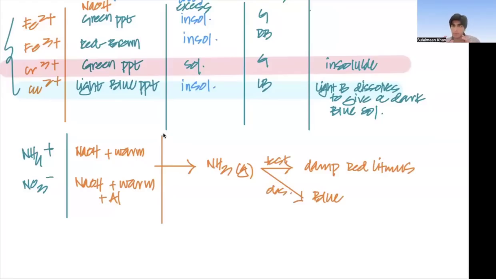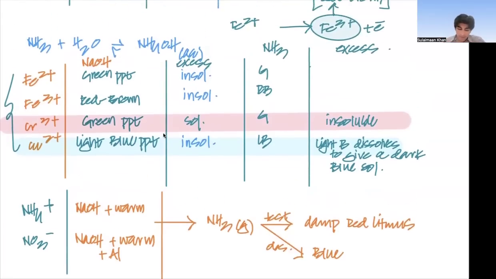And I'll also tell you a couple more things that you should know for the iron 2 plus ion. Remember, if you've added excess sodium hydroxide or excess aqueous ammonia, because you're adding so much, sometimes this iron 2 plus oxidizes to iron 3 plus.